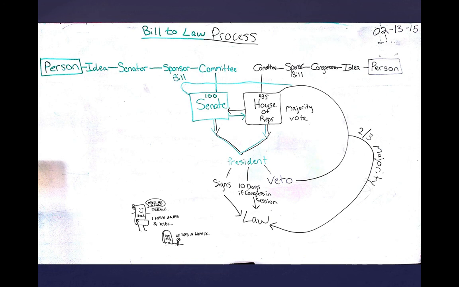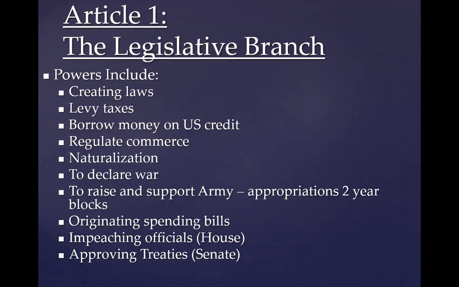Okay? So there are a lot of other powers that the legislative branch has and that they vote on. For starters, they have the power to create laws, which we just basically talked about. They also have the power to levy taxes. They have the power to borrow money on the credit of the United States, regulating commerce between nations and even states.